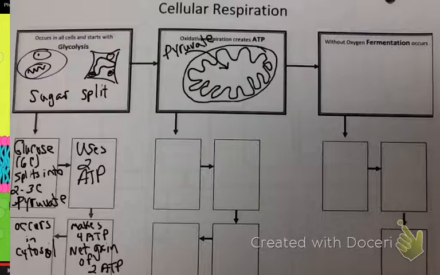Almost. What do you breathe in? Oxygen. So their passage into the club is oxygen. So you notice up here on the top it says oxidative phosphorylation. That's oxygen. So to get into the club, it also pulls in some O2. Okay. If you don't have oxygen, you're not getting into the club. If you're not getting into the club, you're not going to get any energy.